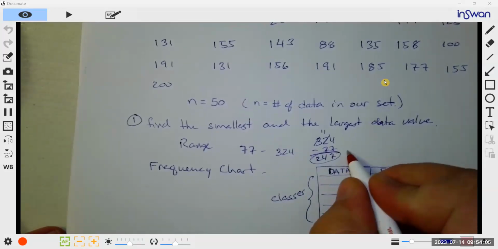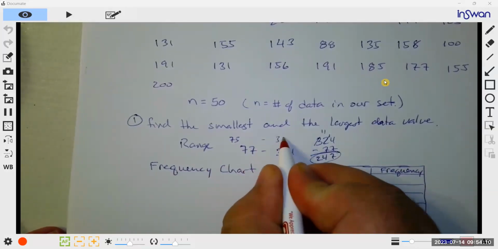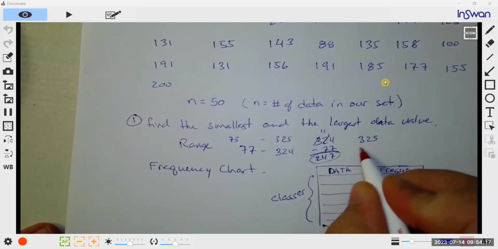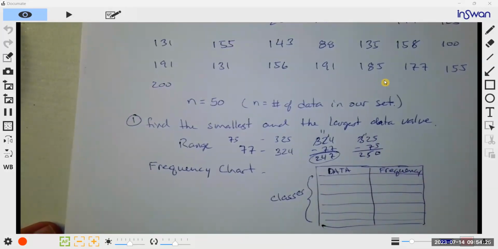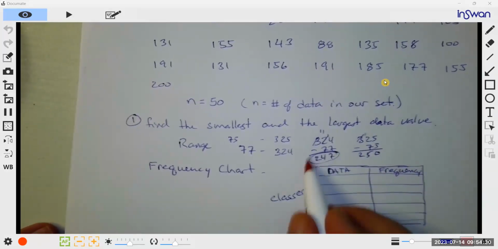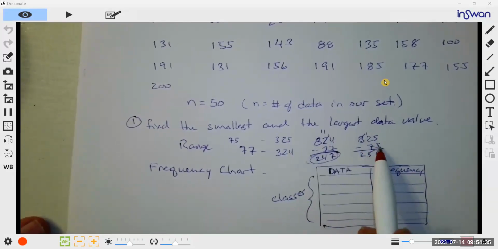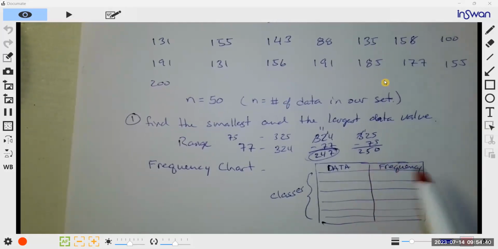So let's say we go from 75 to 325. That spread is 250. The reason being that 247 is a weird number, because once we've found the range, we're going to decide how many classes we want, and 250 is a nice round number.